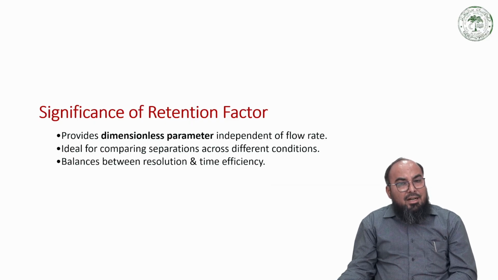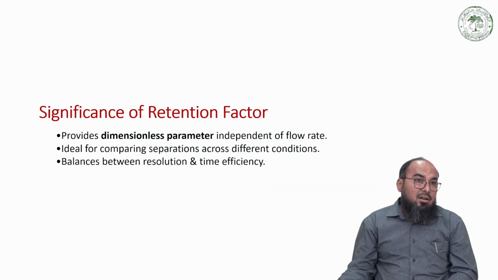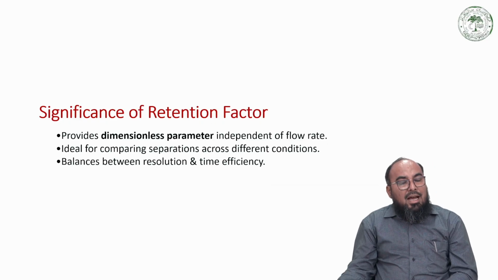It is a dimensionless parameter, and it is independent of the flow rate of the mobile phase. It is very ideal for comparison of more than one solute or component, and it gives you a balance between the resolution and time efficiency.